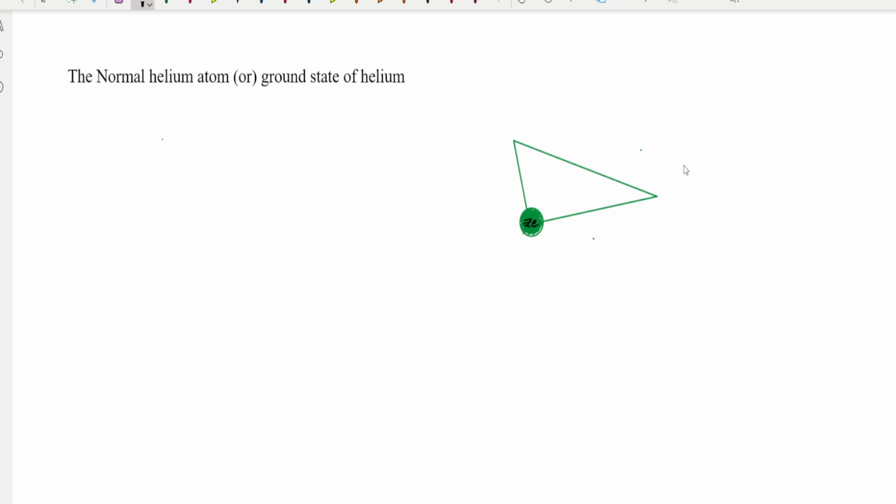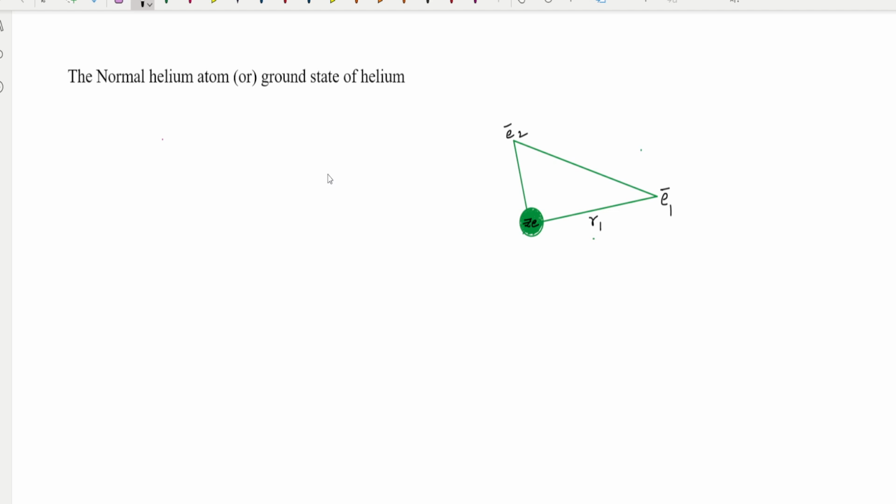This is the first electron, E1. Okay? The radius of this electron is R1. The second electron radius is R2, because a helium atom consists of two electrons, right?